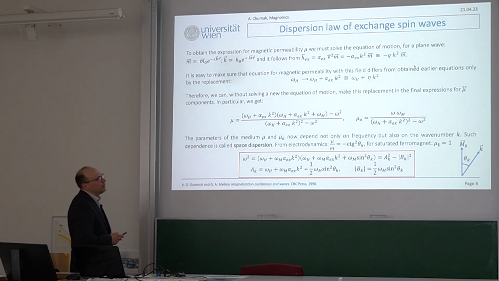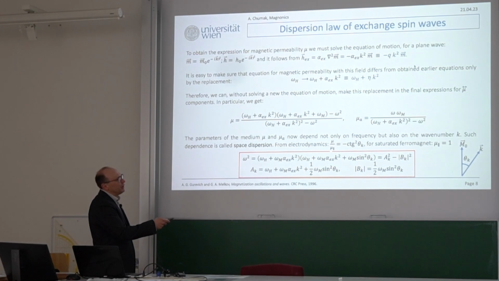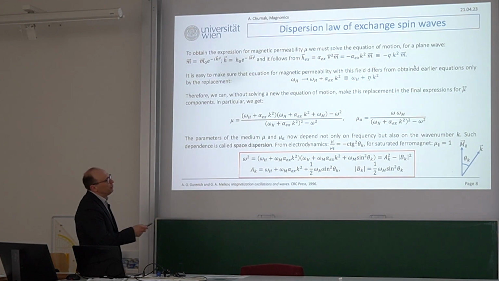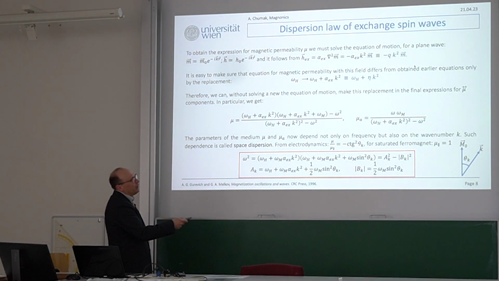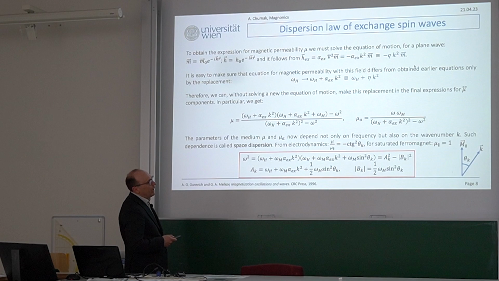And if you want to get a dispersion, you need to use this formula from electrodynamics, which says that permeability divided by permeability parallel should be given by cotangent squared of theta k. And if our ferromagnet is saturated, this mu parallel can be taken as 1.